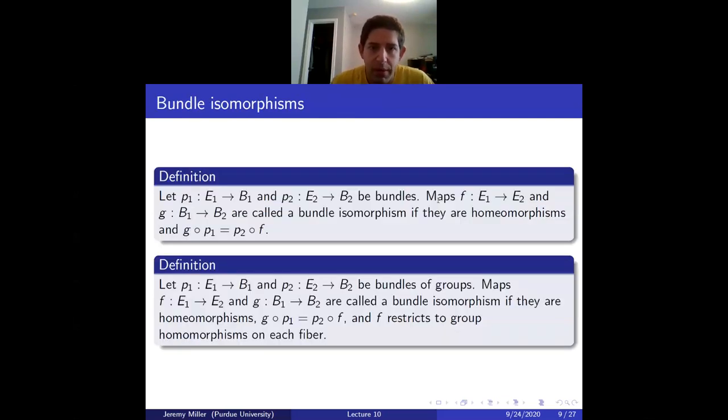So, what's a bundle isomorphism? A bundle isomorphism is a map of total spaces and a map of base spaces, making the obvious diagram commute. And an isomorphism of bundles of groups is a bundle isomorphism such that on each fiber you get a group homomorphism.